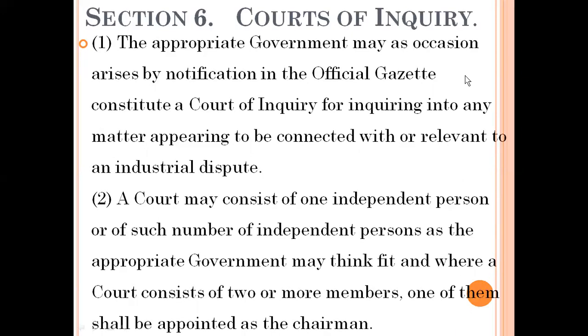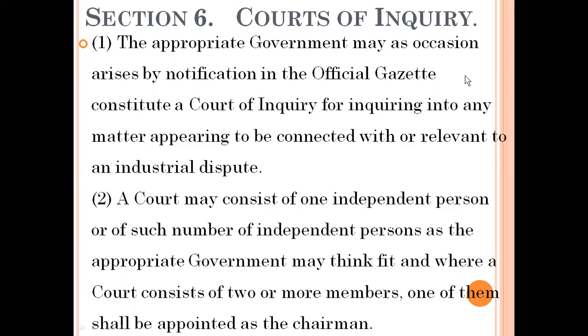So, as per section 6, the appropriate government, if the occasion arises, by notification in the official gazette, constitutes a court of inquiry for inquiring into any matter appearing to be connected with or relevant to an industrial dispute.